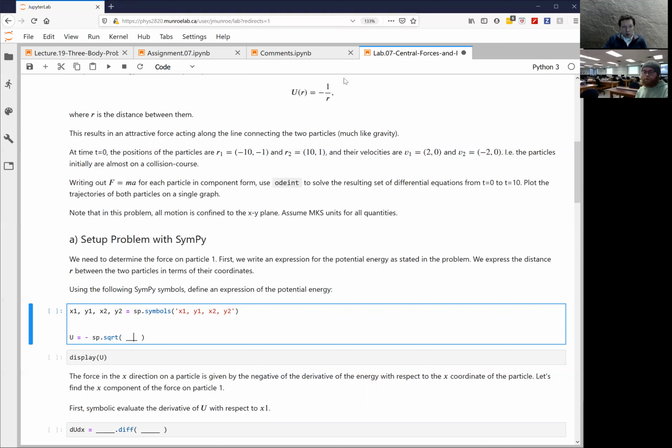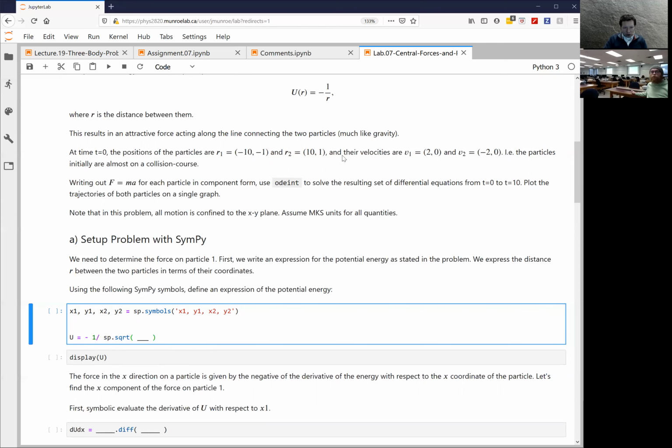Well, what goes in the middle is whatever R is, right? Let's try this again. 1 divided by R. R is the square root of something, right? It's the distance between two particles. U is going to be minus 1 over the square root of whatever that is.